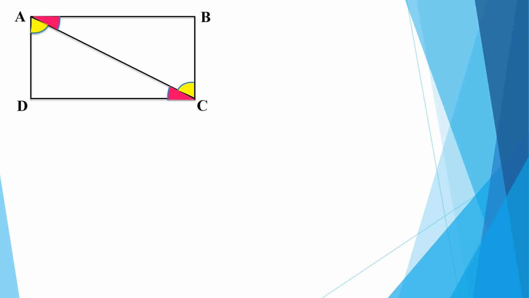So the two triangles are congruent as angle side angle: two angles and the side between them. So the case is called angle side angle.